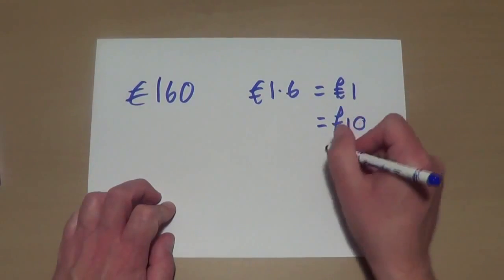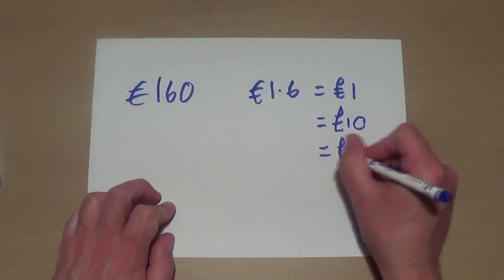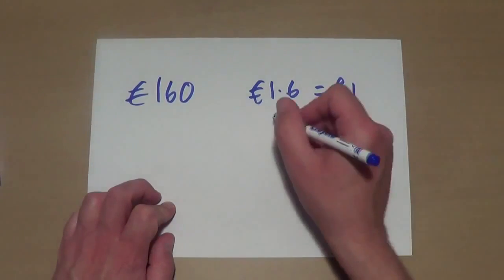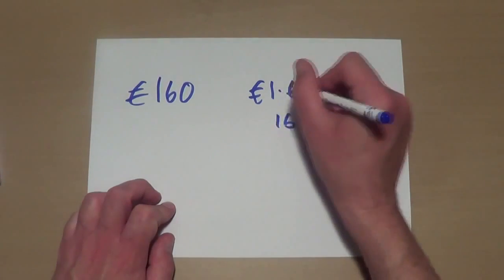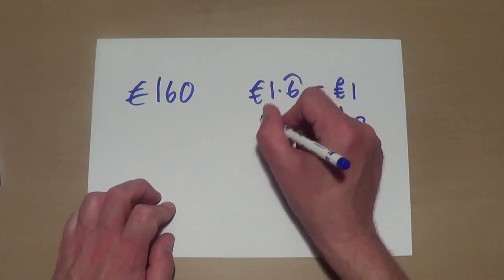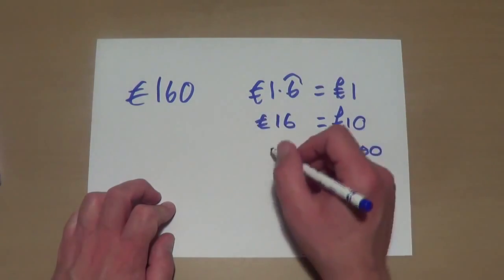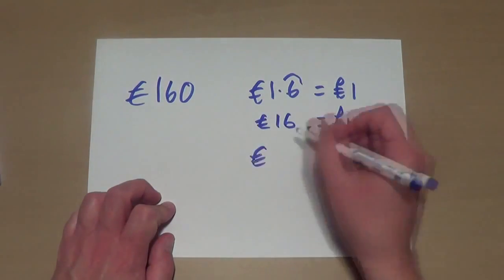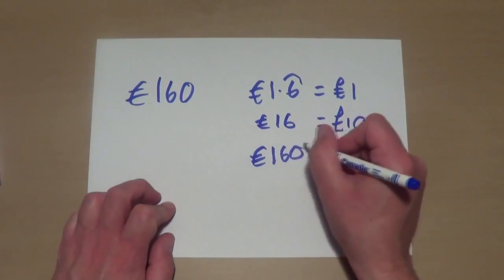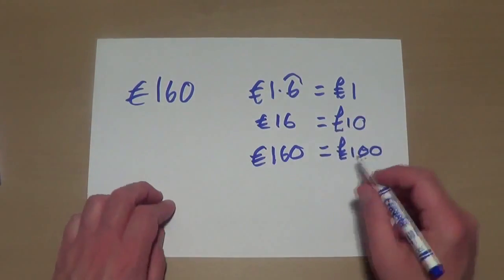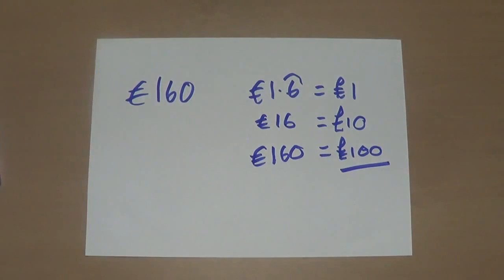So it's £10, then we'll take it to £100. So we know that we just take the decimal point away there. So that's €16, it's 10. And then here, all we're doing is adding the 0 in because the decimal point's now jumped over here. So therefore, get £100 for €160.